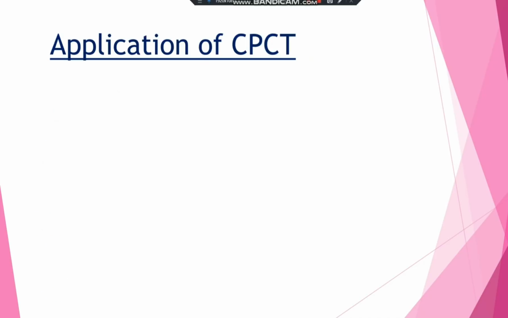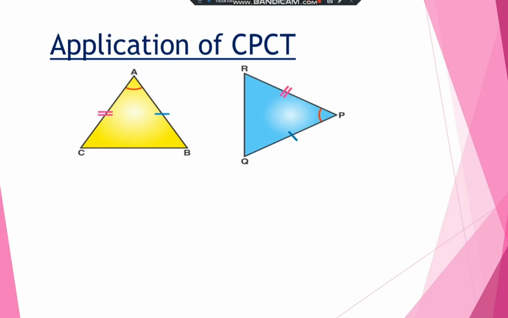Now let us understand this with real examples. So, application of CPCT, let us see this figure. Here two triangles are given, triangle ABC and triangle PQR. Now see which parts are given equal in the two triangles. Here you can see that side AB is given equal to side PQ.